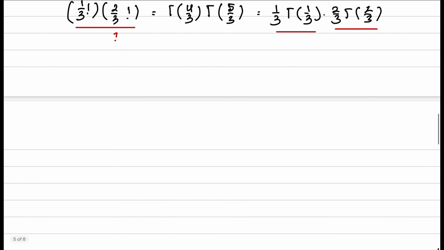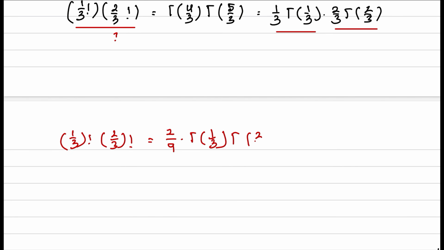This value will be 1 by 3 factorial into 2 by 3 factorial is equal to 2 by 9 into gamma 1 by 3 into gamma 2 by 3. This is nothing but the gamma reflection formula.